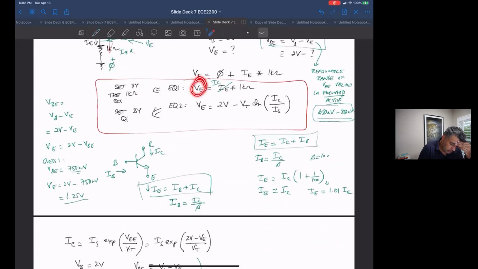I plug that into here and here and calculate what I get for I sub C. Depending on what that value is, I say, oh, 750 was too high or too low, so I'm going to go higher or lower. So that's a numerical iterative procedure.